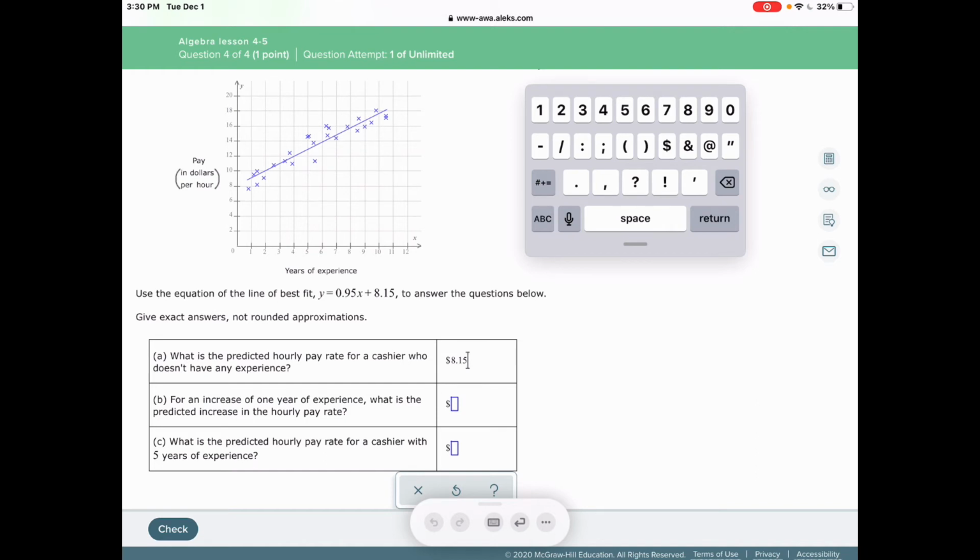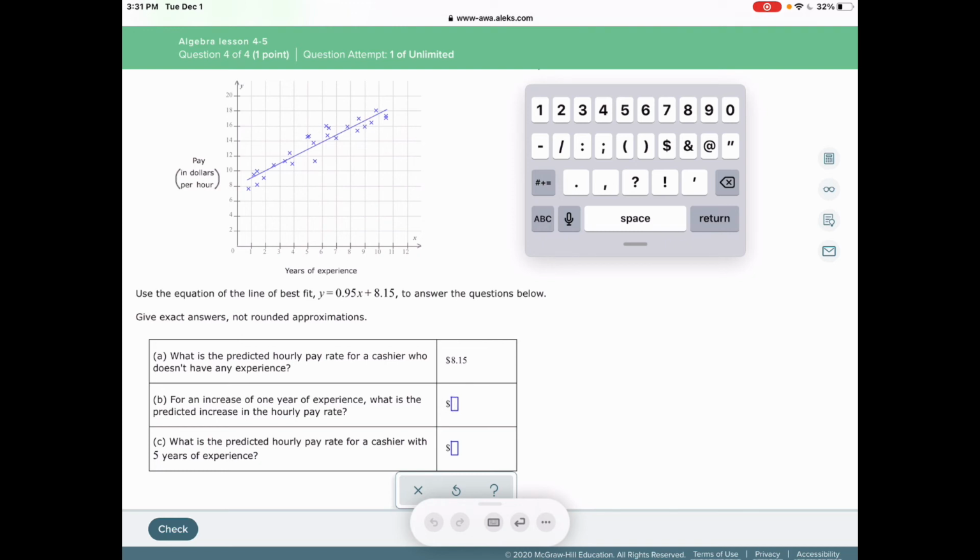Okay, for an increase in 1 year of experience, what is the predicted increase in the hourly pay rate? Well, we could look at it and guess, but we're going to say it exactly from the equation because y equals mx plus b, and m is our slope, and slope is going to be our increase every year as we go along.